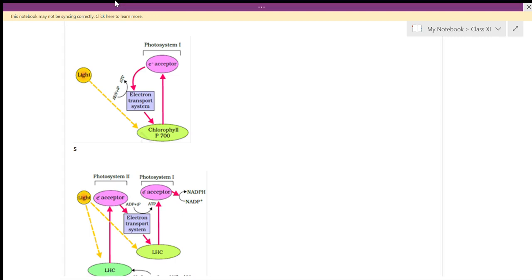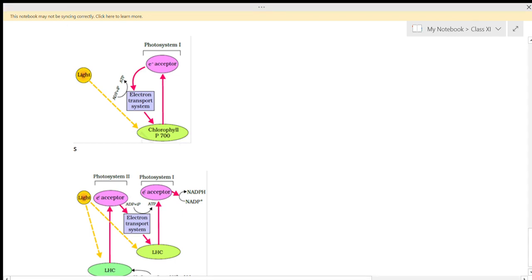By the absorption of light, the electrons are excited. They are accepted by the electron acceptor, and then they are transported to the electron transport chain, and again come back to photosystem 1.